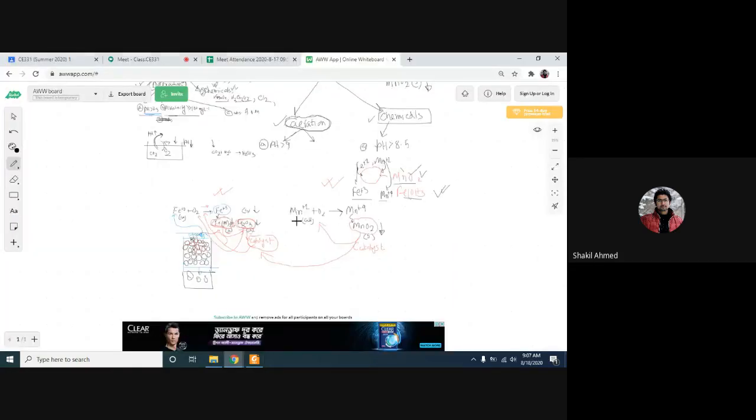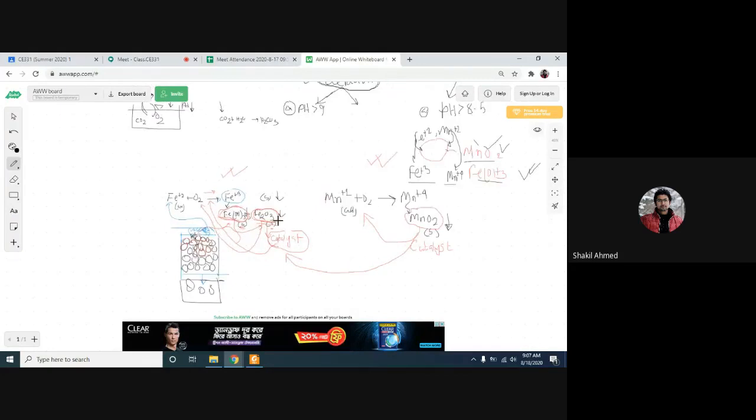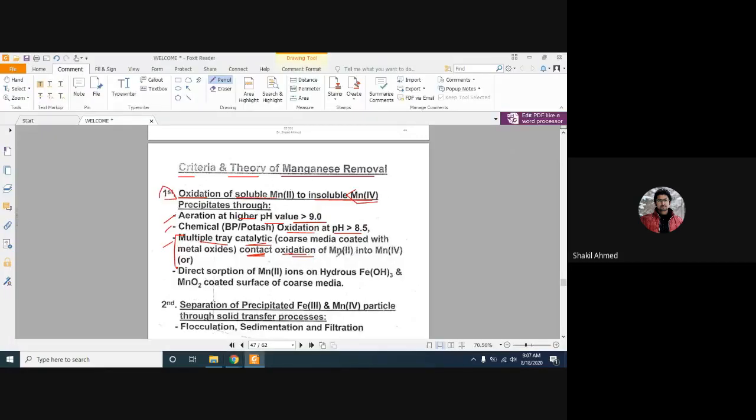That means they are in contact with the catalyst here, converting manganese plus 2 into manganese plus 4, or direct adsorption. Adsorption means adsorption of manganese ions on hydroxide and manganese oxide coated surfaces of coarse media.